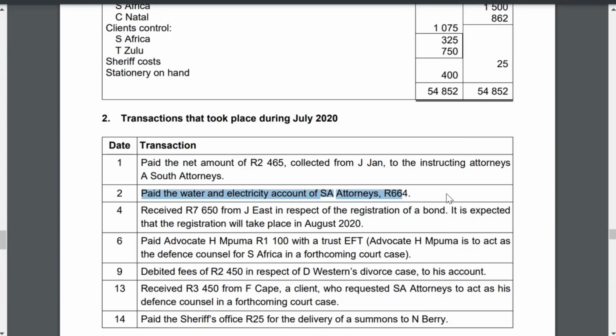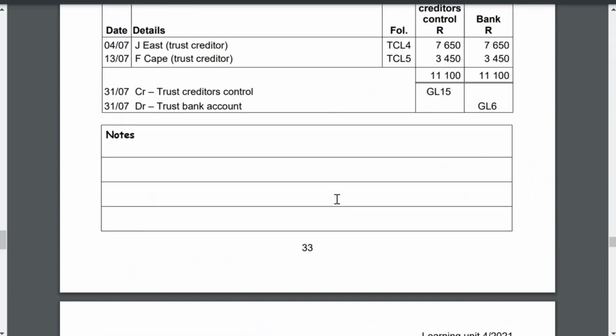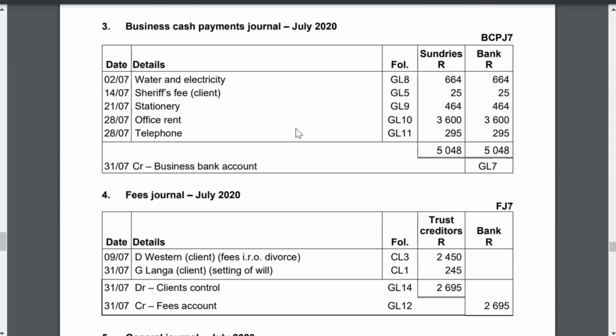What is an expense? You pay an expense, it's a cost for running the business. So water and electricity is an expense because it's a cost for running the business, which is SA attorneys. So this 664 will be recorded in the business cash payment journal.